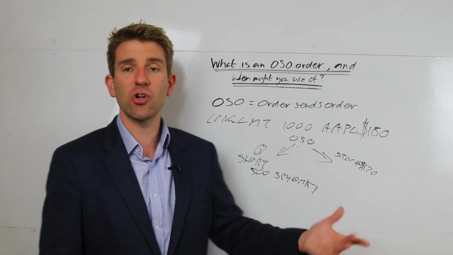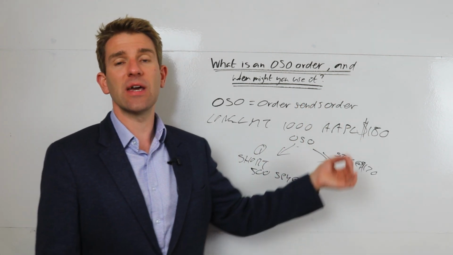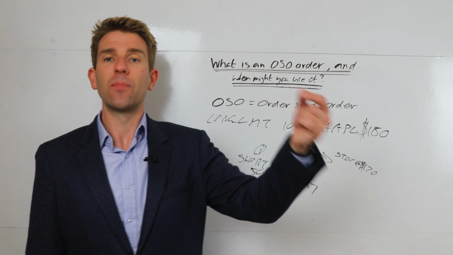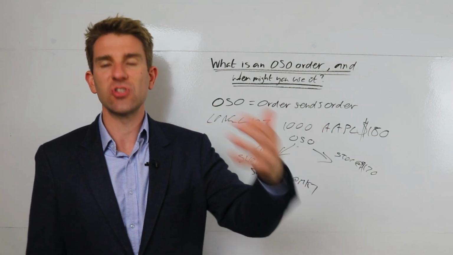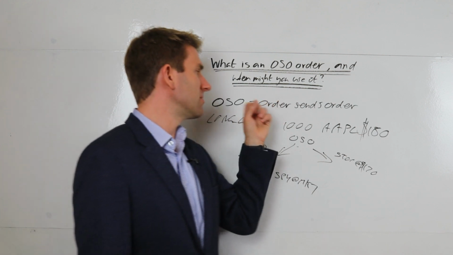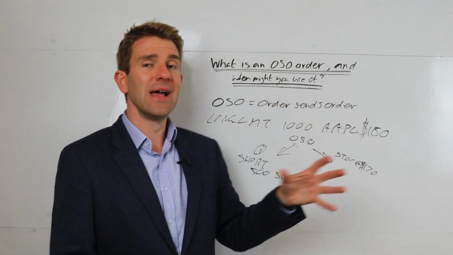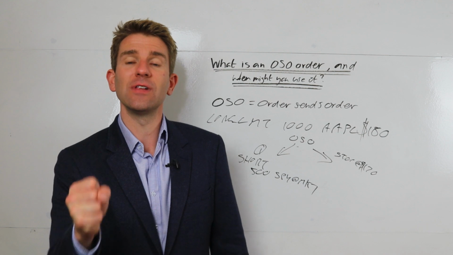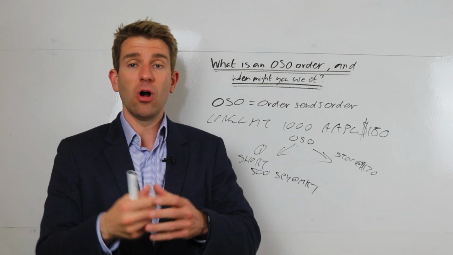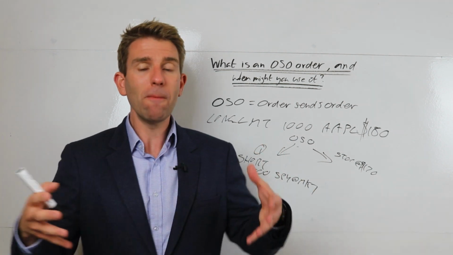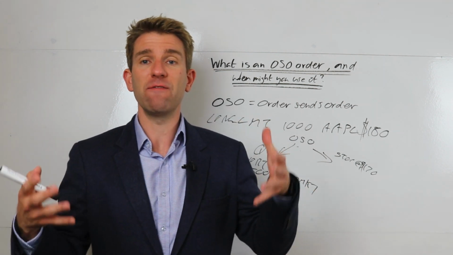So not only can you structure standard trades like, okay, I'm going to put a sell stop in, I'm going to put a limit order in, and yes, we have got bracket orders as well, which is a similar kind of thing, but going back to the basics of what this order sends order is, it allows you to use the order fill as a trigger to send other orders. If you think about it now, you can ultimately have a chain of complicated orders going out if you wanted to do that.